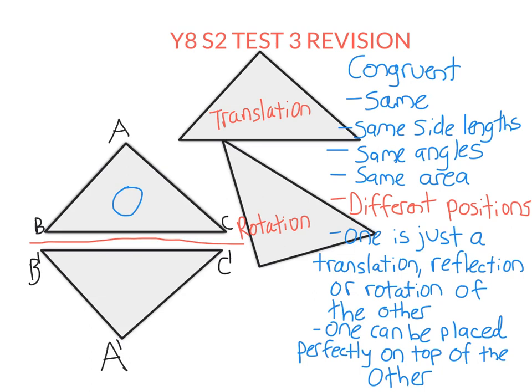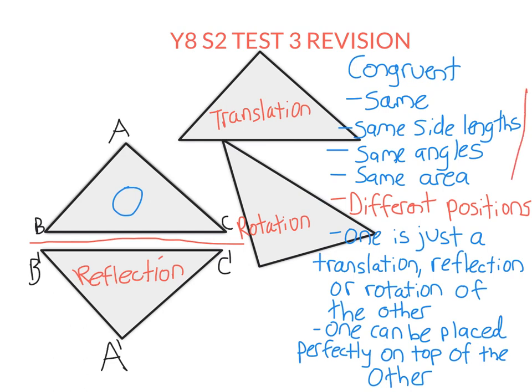So you need to know what translations, reflections, and rotations actually are. I need to be able to give you a shape that's been reflected, rotated, or translated, and you tell me which transformation, which of those three has been performed. And you also need to know that if I take a shape and I reflect, rotate, or translate, the image, the new shape, is congruent to the original.